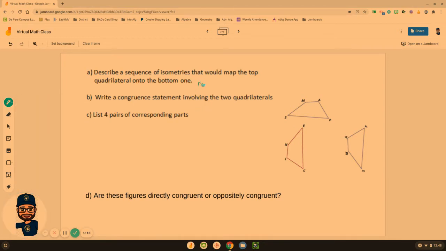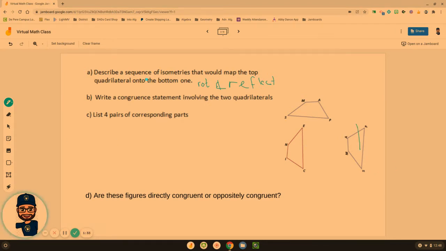Rotate and reflect. It's the only way we can get it to map on top of each other. Now you could say, I'm going to reflect it first and then rotate it, and that's fine as well.